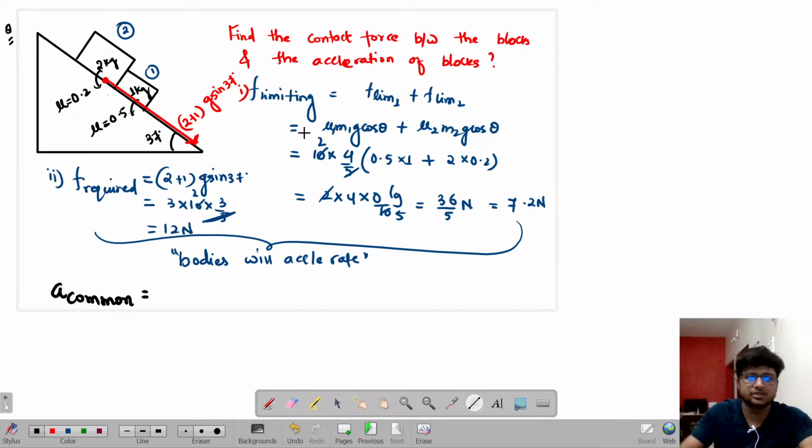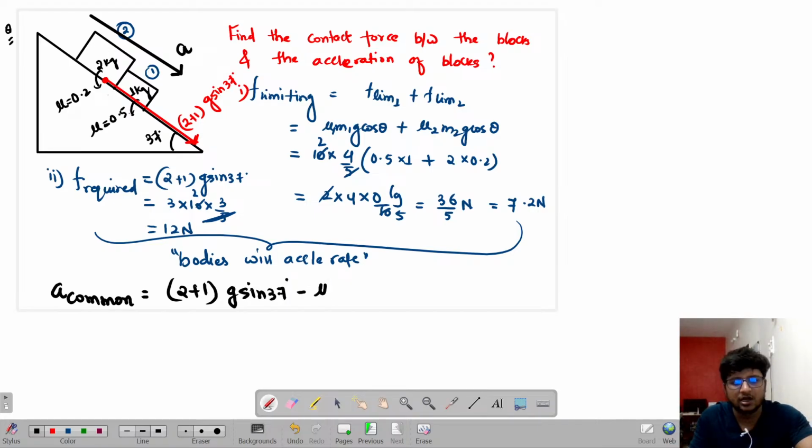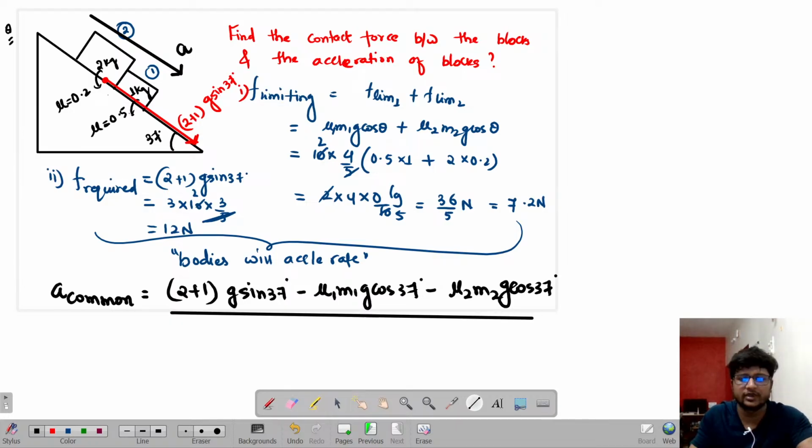Again, Anurag sir's theorem: to find common acceleration you can use the formula. A common is equal to total pulling force, which is (2 plus 1) g sine 37, minus kinetic friction of the first block, mu1 m1 g cos 37, minus kinetic friction of the second block, mu2 m2 g cos 37, divided by total mass moving.